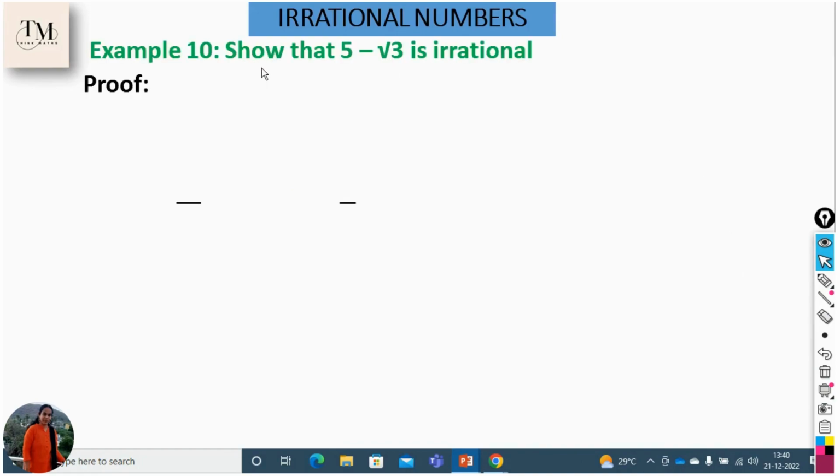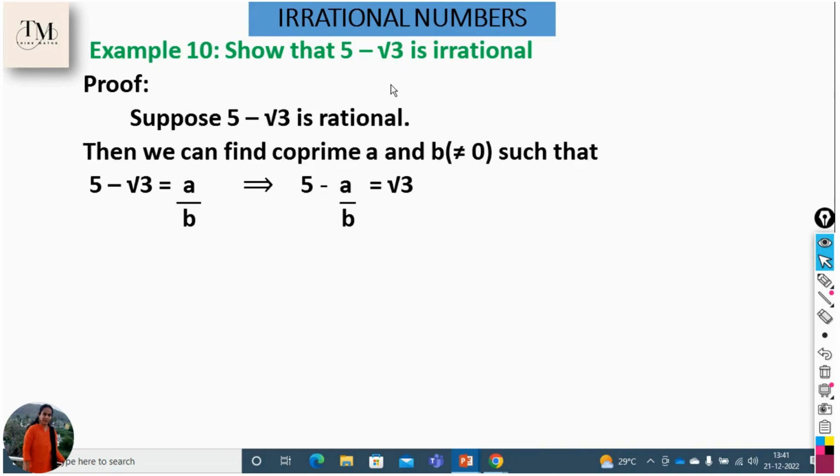Example 10, show that 5 minus root 3 is irrational. Here also we are going to assume the contradiction, that is, 5 minus root 3 is rational. So we can find the co-prime a and b, so that 5 minus root 3 will be equal to a by b.